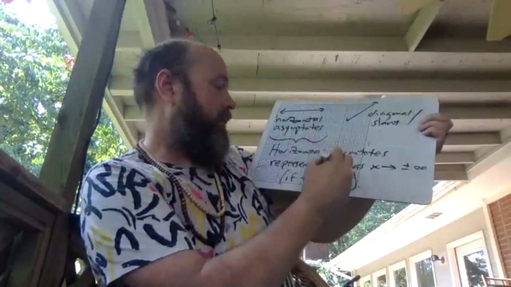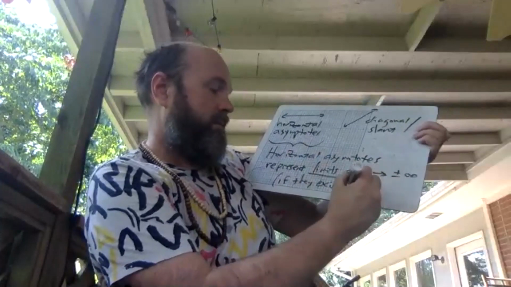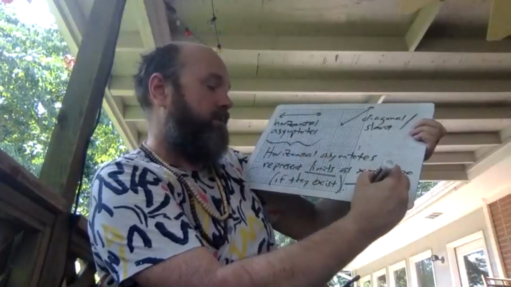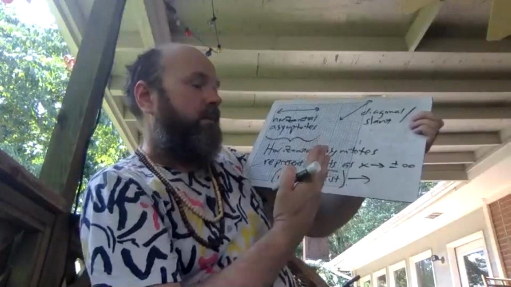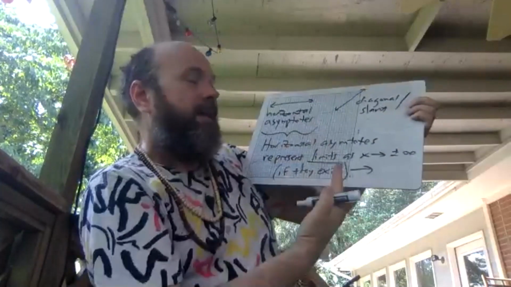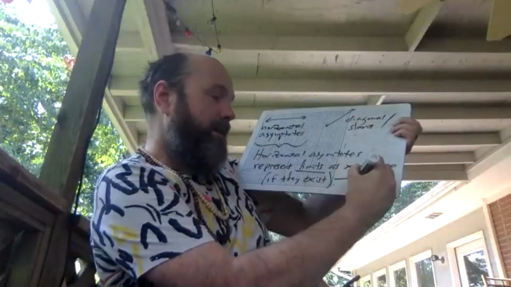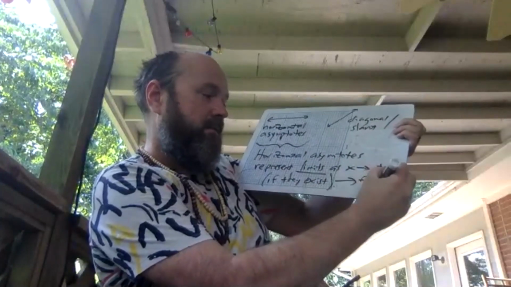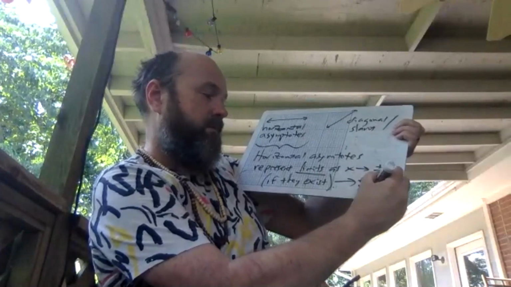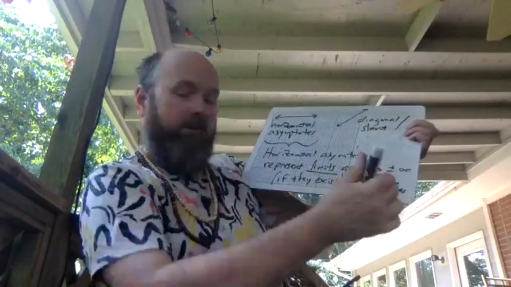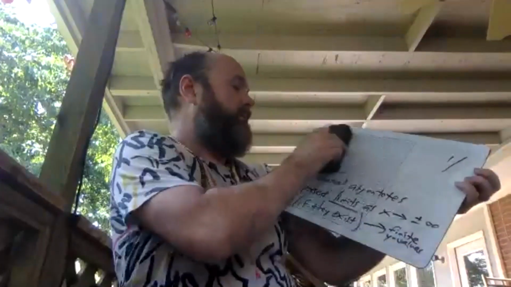So these are numbers. Horizontal asymptotes aren't lines that you can't reach. They're actually values. They are finite y values. A horizontal asymptote on a graph looks like this.